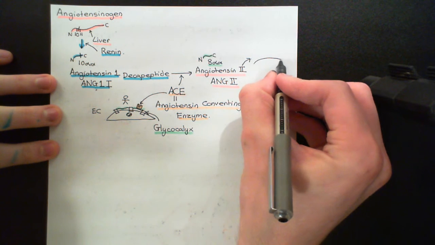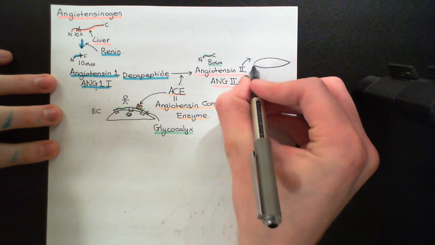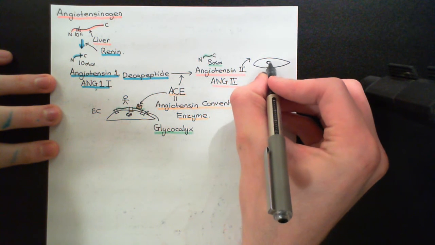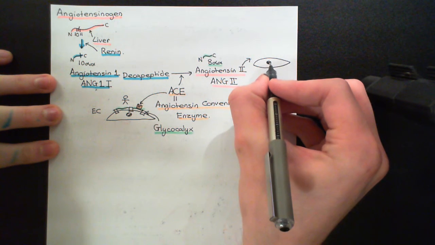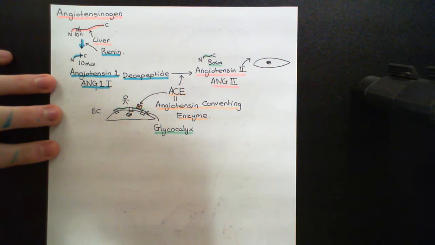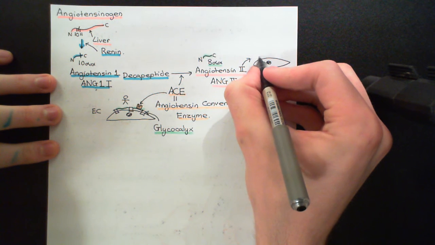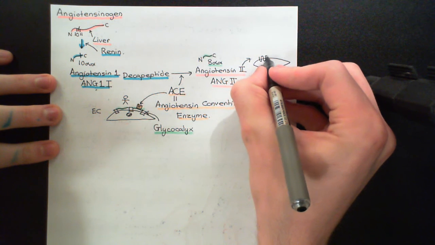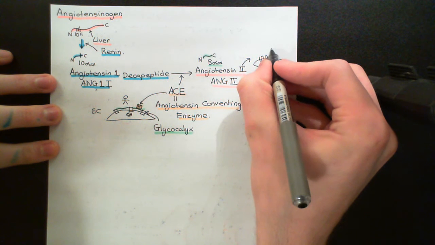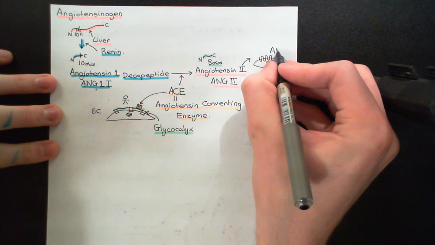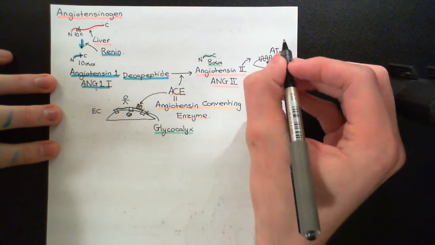Now, how does angiotensin 2 actually work? Well, it's going to go to the vascular smooth muscle cells. It will leach out of the blood to the vascular smooth muscle cells of the tunica media of your blood vessels, and it's going to work on a receptor on these cells, which is a G protein coupled receptor by the name of the AT1 receptor.